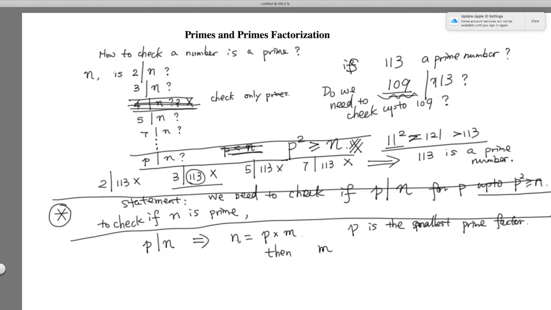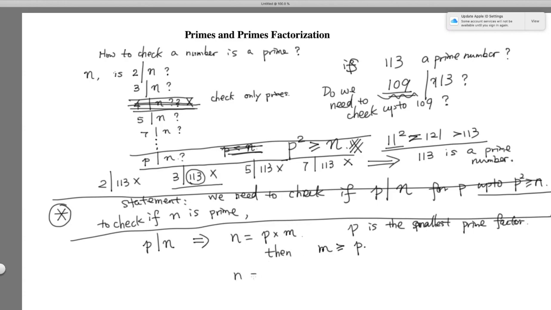Because m is also a divisor of n, m is going to be bigger than or equal to p, because p is the smallest prime factor, so it is less than or equal to any other factor, right?